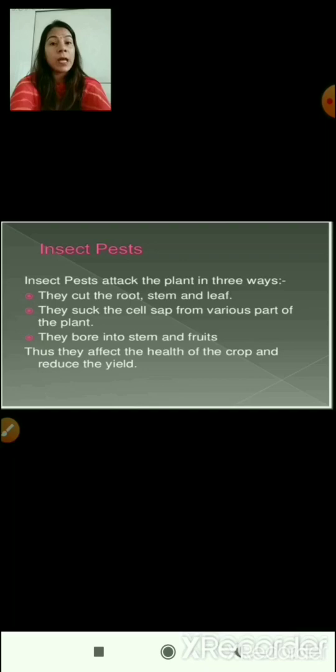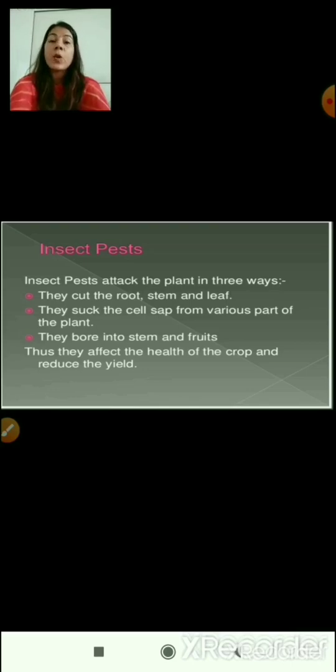When they suck the juice or the cell sap of the crop plant, they also suck the nutrients which are present in that sap. So when that nutrient is absorbed by the insect, the plant will suffer with a lack of that nutrient. As a result, the plant will not be able to grow very well.